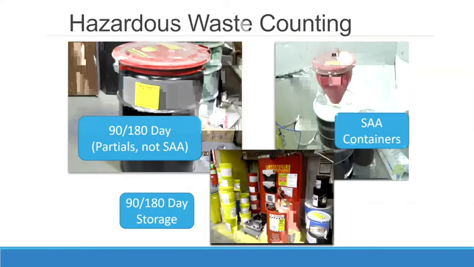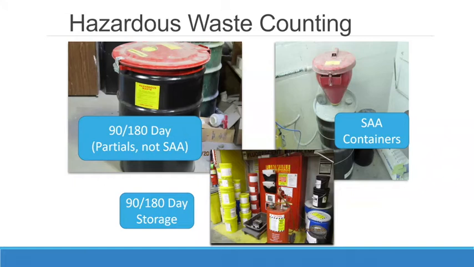Okay, so just as a visual, we have two primary areas where waste is accumulated. The first is our satellite accumulation on the right-hand side, that's at or near the point of generation. Then we also have what we call our central accumulation area, and that's going to be either full containers, because once we have a satellite accumulation container full, we have 72 hours to take that container and move it to our central accumulation area.